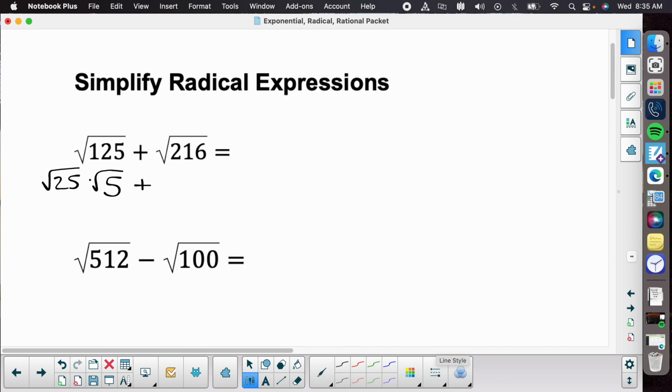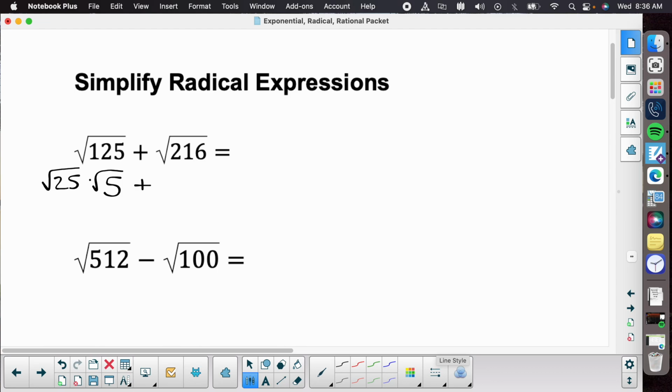Let's go 3. 3 is not one of these numbers. Let's go 16. So on the calculator, you would do 216 divided by 16. Use your phone calculator. I don't know if that divides evenly or not. It's 13.5, so that one doesn't work.